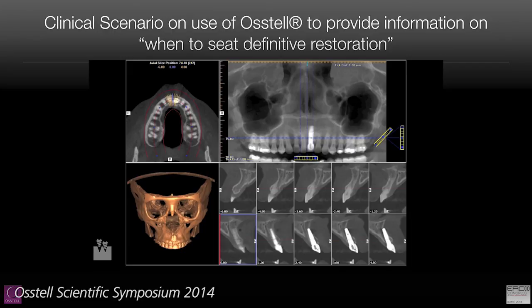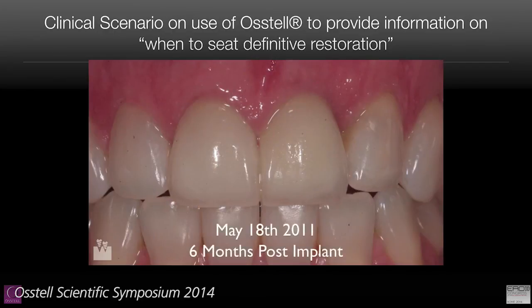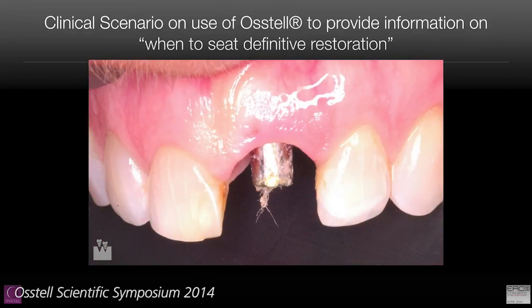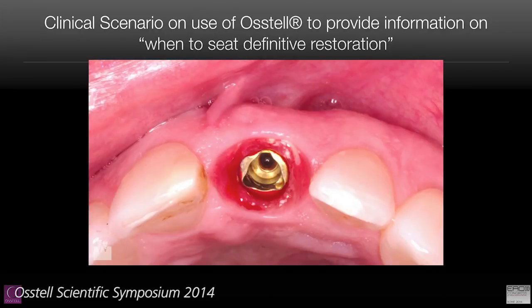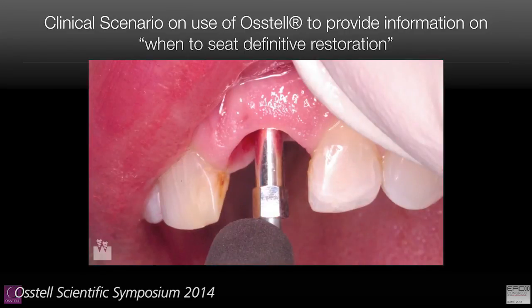You can see the position of the implant. It's ideal. This is at 6 months post-implant placement, and you can see the soft tissue. Now, with the immediate load implant, I wait 6 months because there's no rush at this point. There's no need to go back in 2 months to take an ISQ value. And so we go back at 6 months, and guess what?